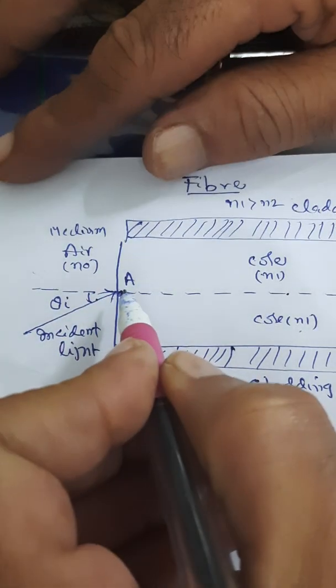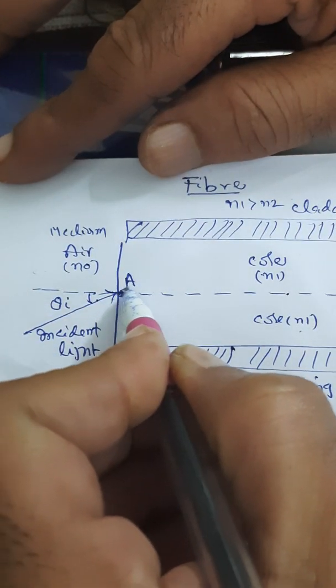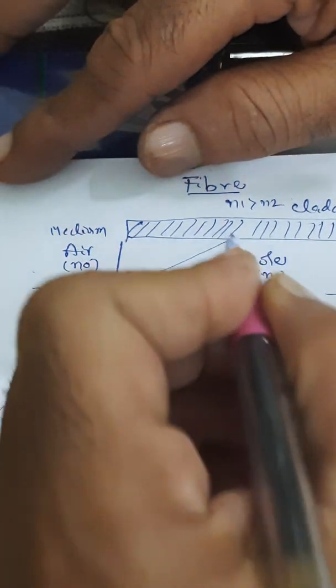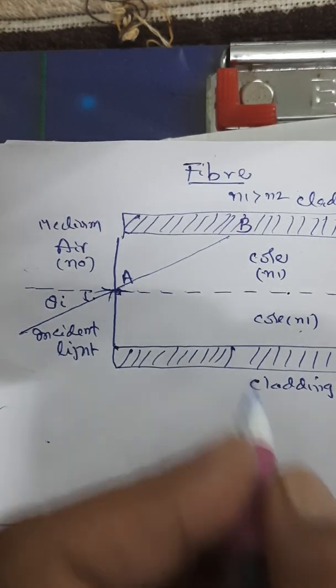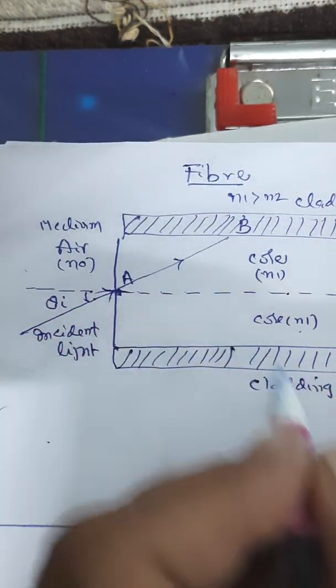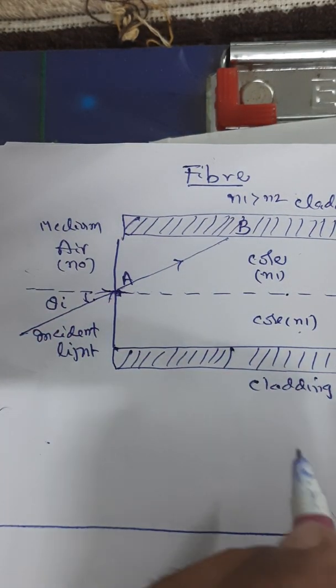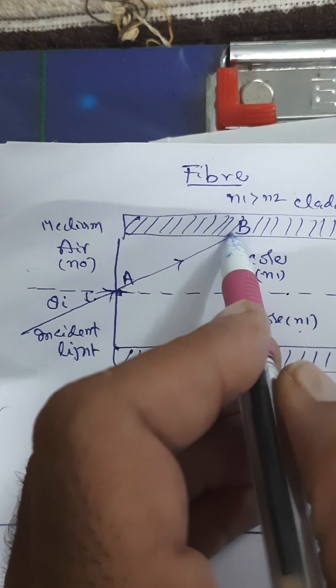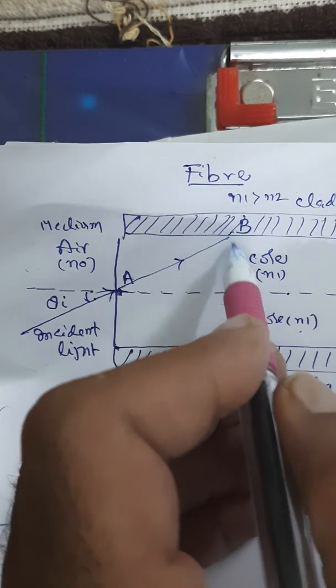That means this ray is touching here, so call this point as B. So it is traveling along AB and is incident at point B on the core cladding interface.